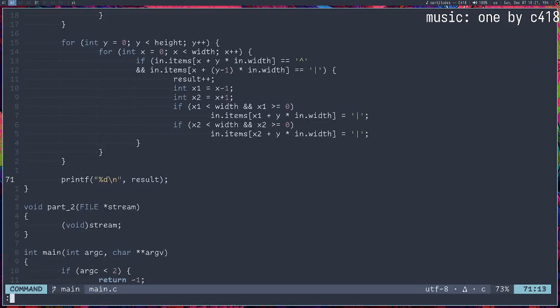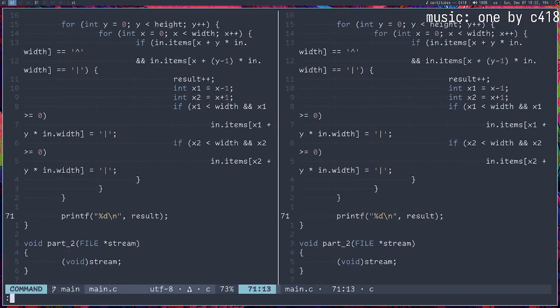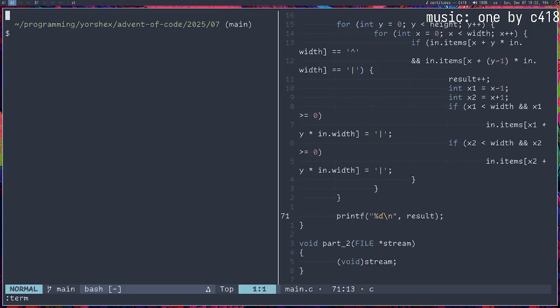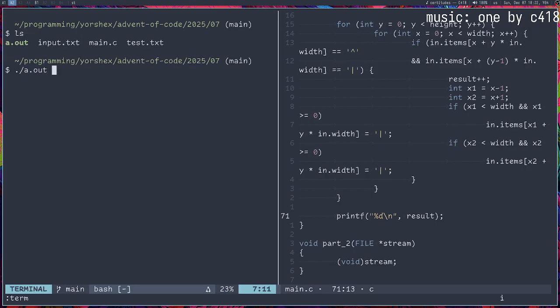There seems to have been no errors, so let's try to run on the test input, and it says 1. Astounding.